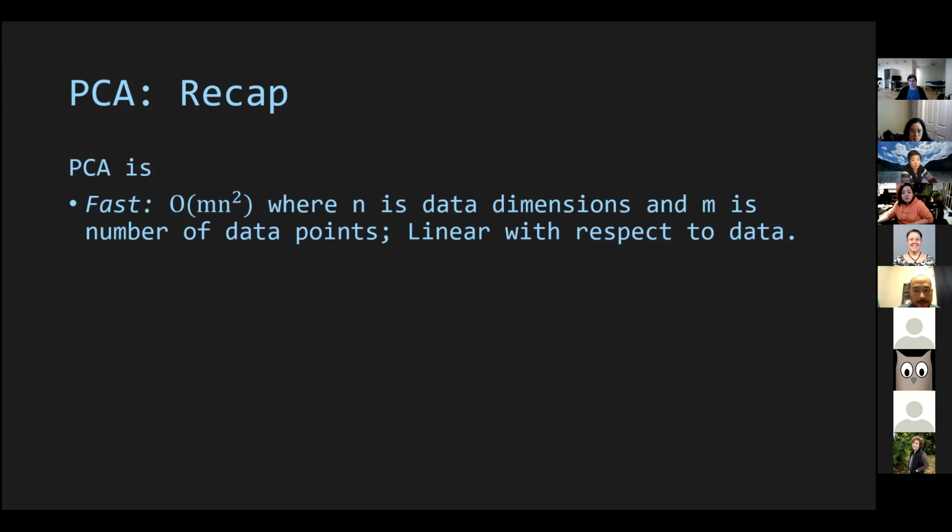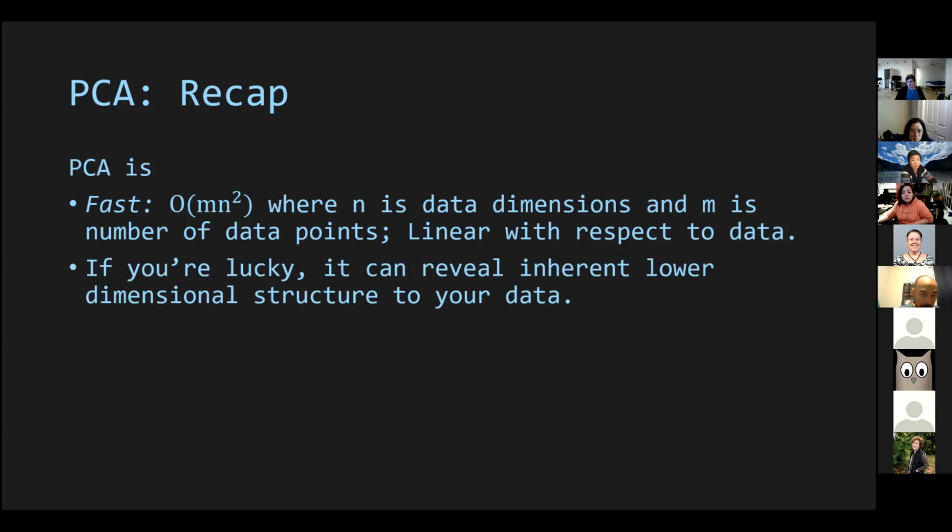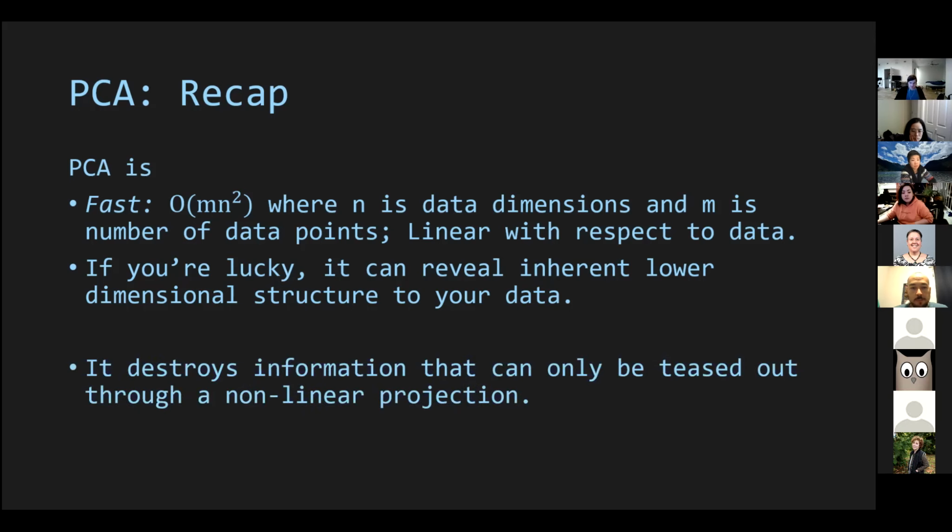That's not bad, that's pretty good. And if you're lucky, it can just reveal inherent lower dimensional structure in your data for free. But beyond that, you lose information. You lose the representation of your original matrix.